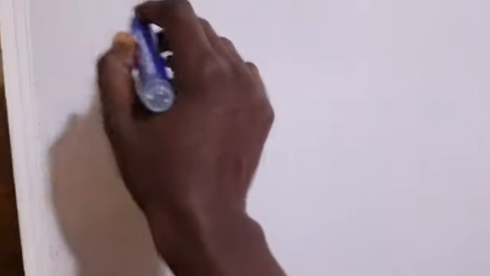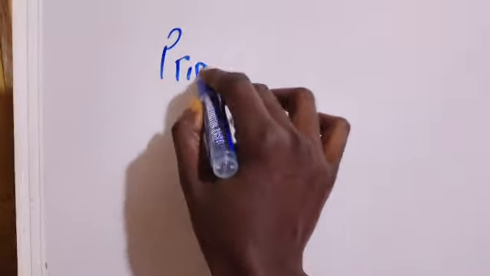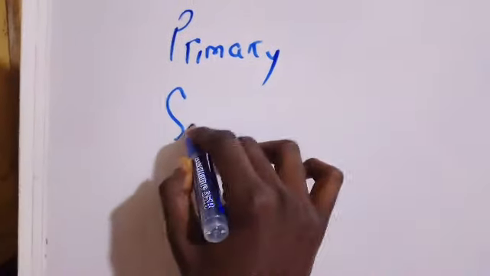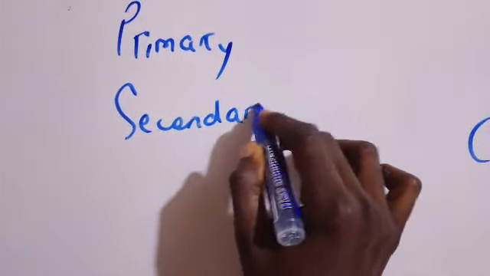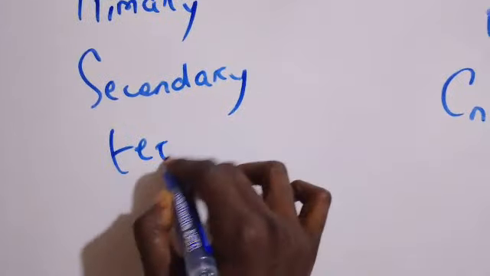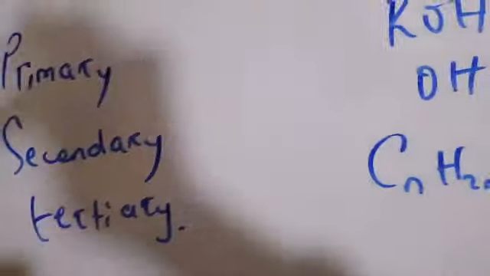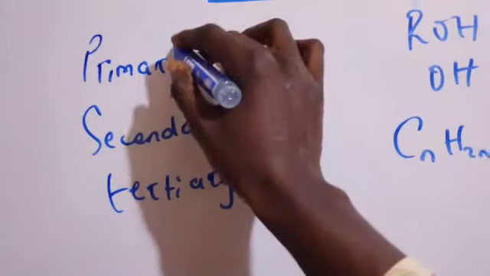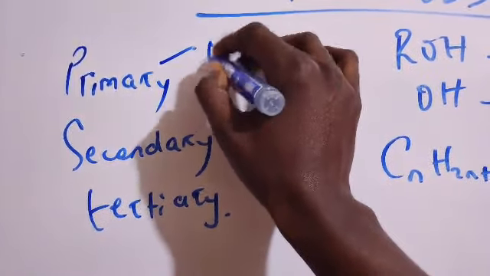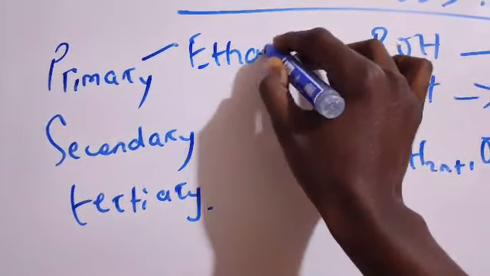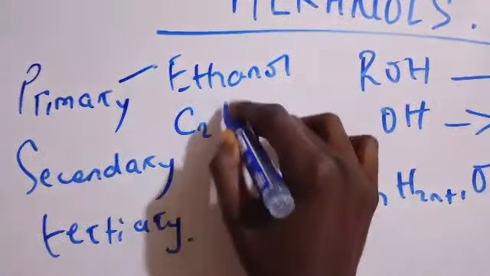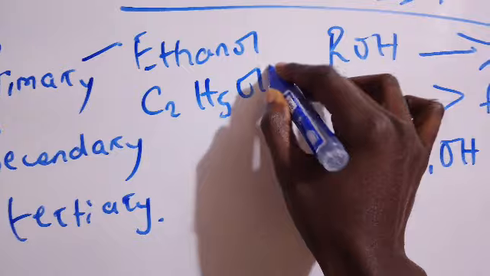So let's quickly discuss the primary alkanols. We have primary alkanols, secondary alkanols, then tertiary. These are very good jump questions that they used to ask, or I most times too as well. For example, primary alcohol. Let's use ethanol. Ethanol is a very good example: C2H5OH.